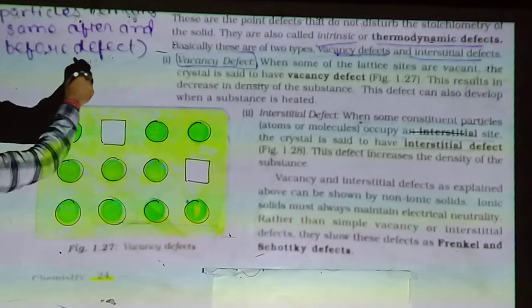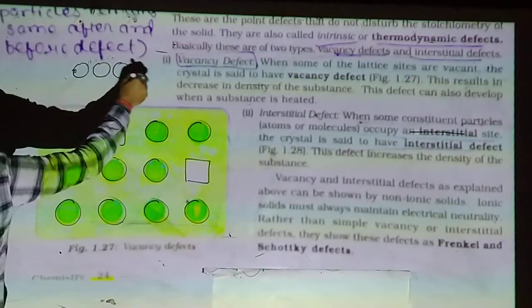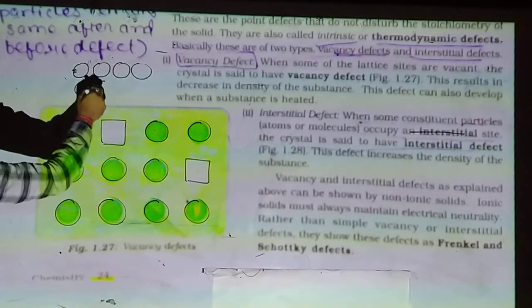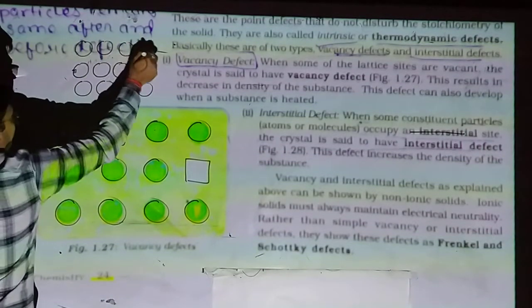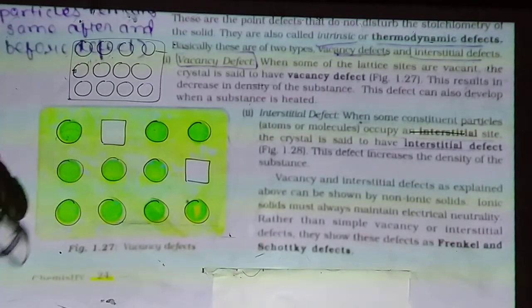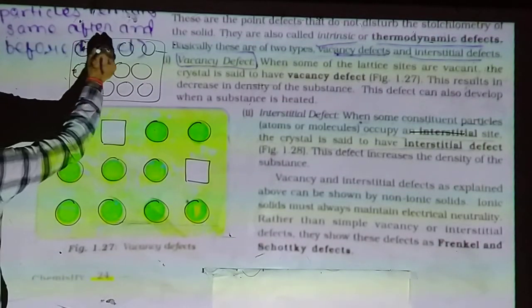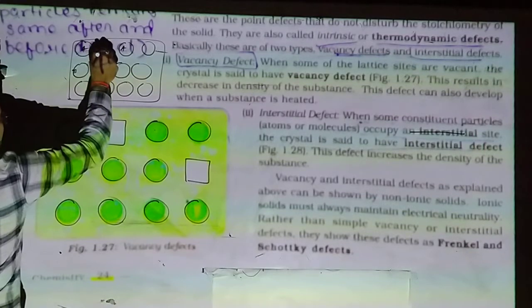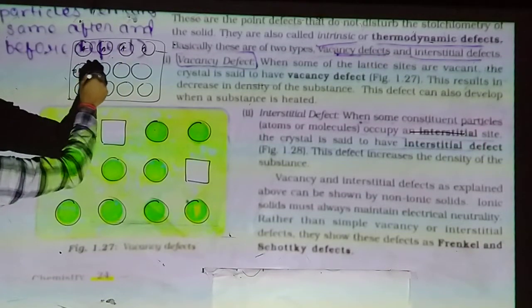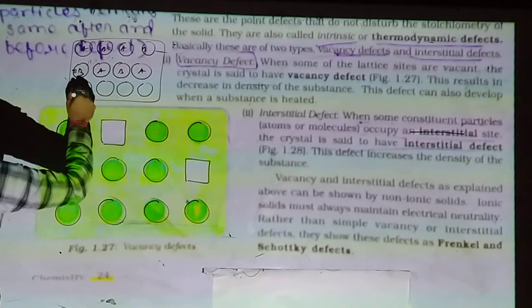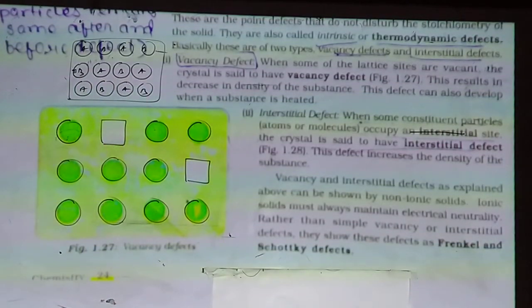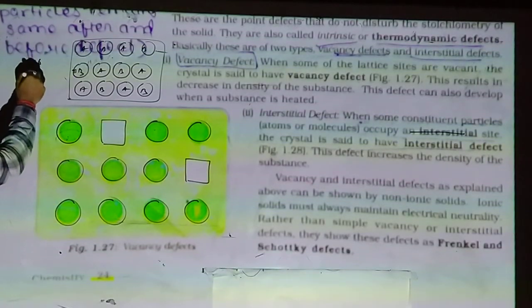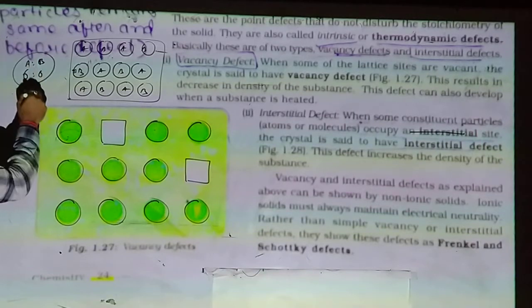Before defect, suppose there are 12 atoms in a particular volume. Suppose A type and B type of atoms are the same number: 6 is A and 6 is B. Here the ratio is 1:1.